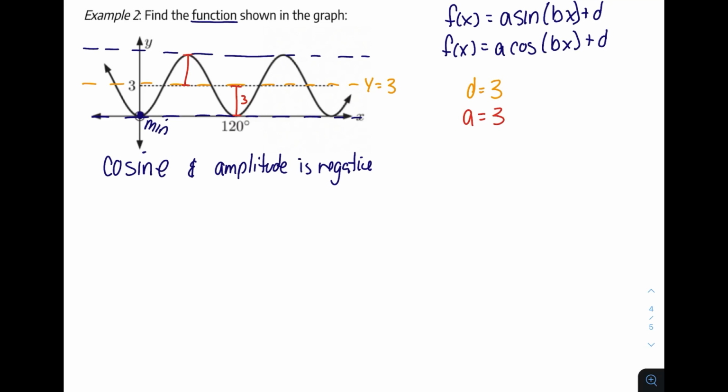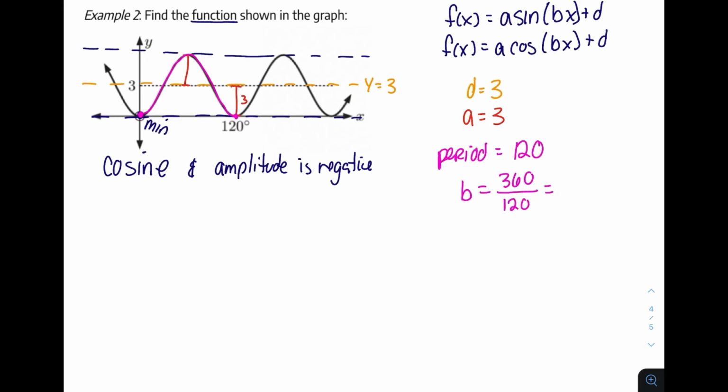And now let's talk about the value of b. In order to find the value of b, I need to find the time it takes to complete one full rotation. So I can go from minimum all the way up and back to the starting point of minimum. And I get that my period is equal to 120. Therefore, the value of b is going to be equal to 360 divided by 120.